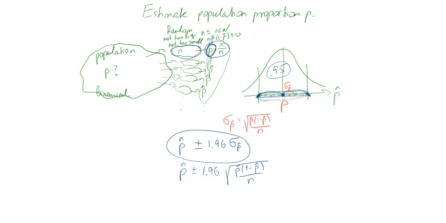And more generally, 1.96 will be replaced eventually with z, and z-score will depend on whatever this area is. It's not always 95%. It could be 90, 99, 98%.